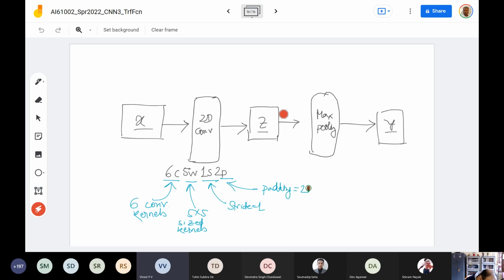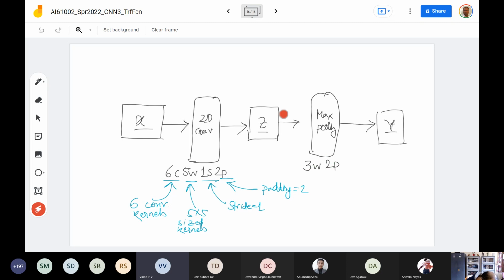Okay. Now, when I have this max pooling operation, here also I need to define that operator. So in this max pooling operation, I define it as something like, say, 3W 2S.